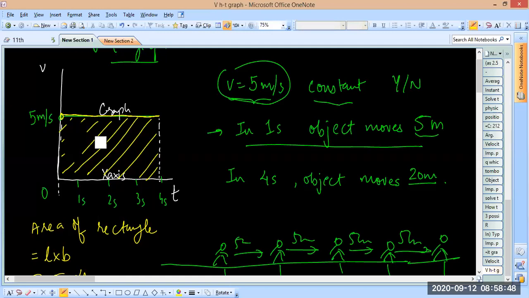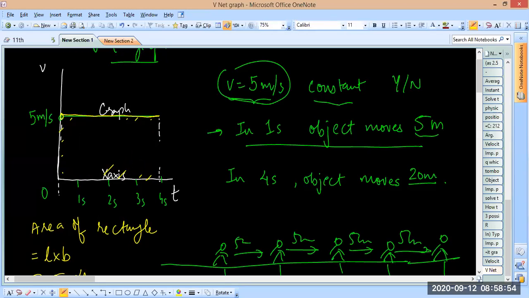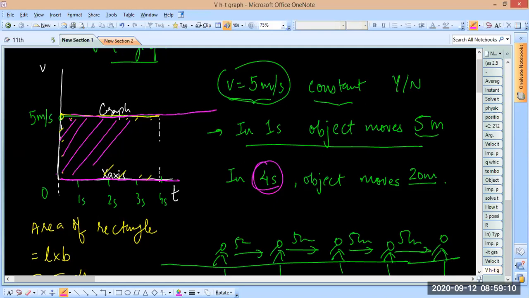We are finding the area which is sandwiched between the VT graph and the x-axis. Which area are we finding? This one, right? But this could go on and on, but we are only finding it for 4 seconds, so that is from here to here. You understood that? So we are finding the area between this VT graph and this axis.